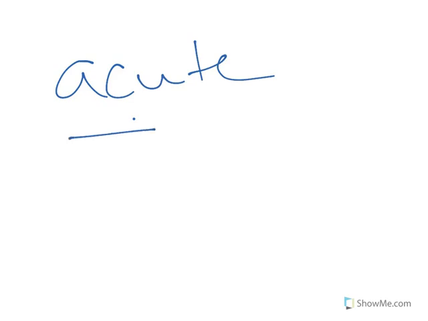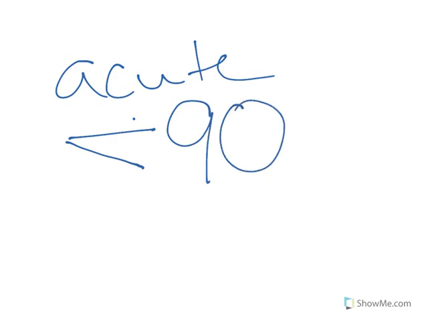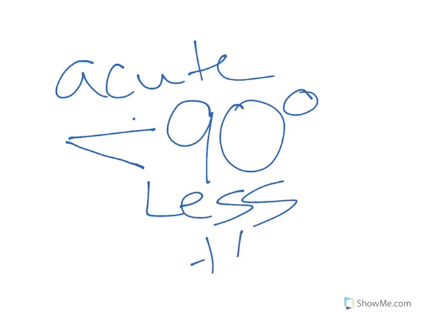But the other thing that you need to know is, what is an acute triangle? It is any triangle that has angles less than 90 degrees, okay? It's less than. The other thing is obtuse.